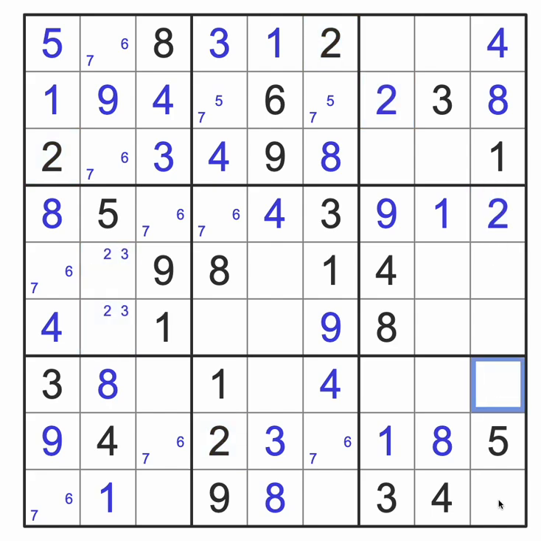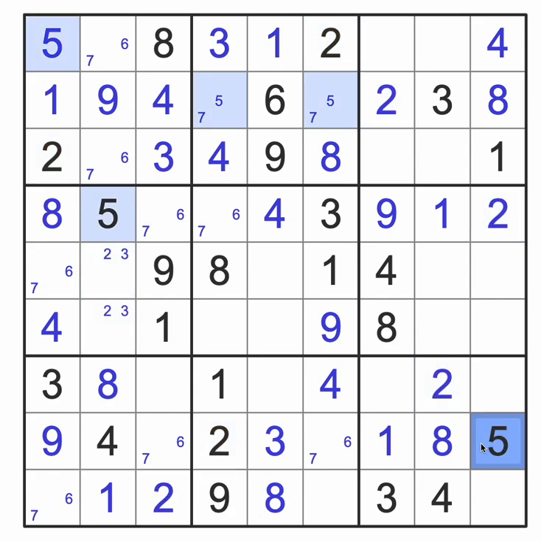And 2 blocks these. 2 in box 3 blocks this cell. Gives me 2 here. And 2 here blocks this cell. 2 in box 8 blocks this cell. 2 in box 1 blocks this cell. Gives me 2 here. And now these are 6, 7 double.